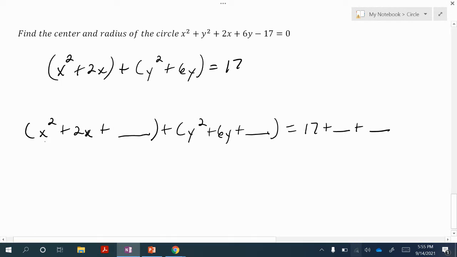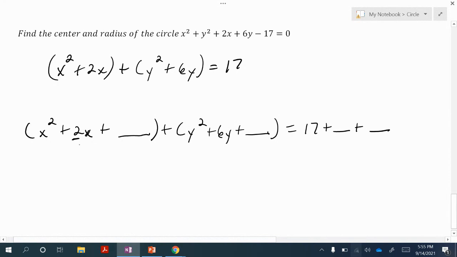So when we complete the square for our x terms, notice we have our squared term and our first degree term. Notice that the coefficient of the squared term must be 1, right? So we have the satisfied conditions in order to complete the square. The next thing we do is we take half of the coefficient of the middle term.